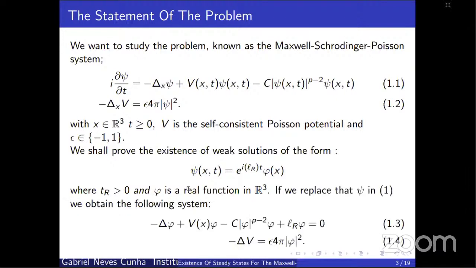So if we substitute this function in the original PDE, we get this version of the PDE. It's basically putting this function there and canceling this constant, which will appear on both sides of the equation.